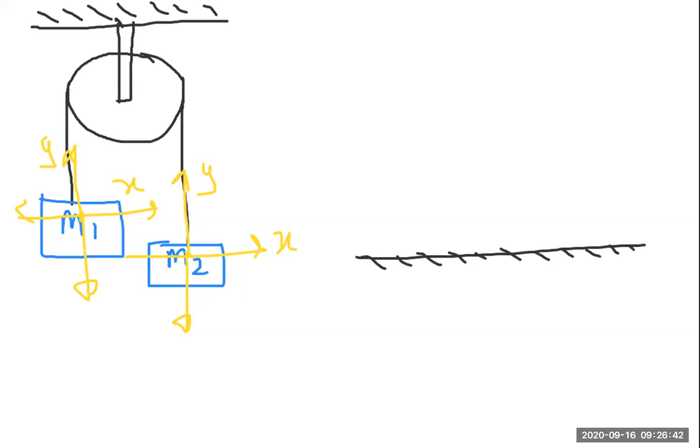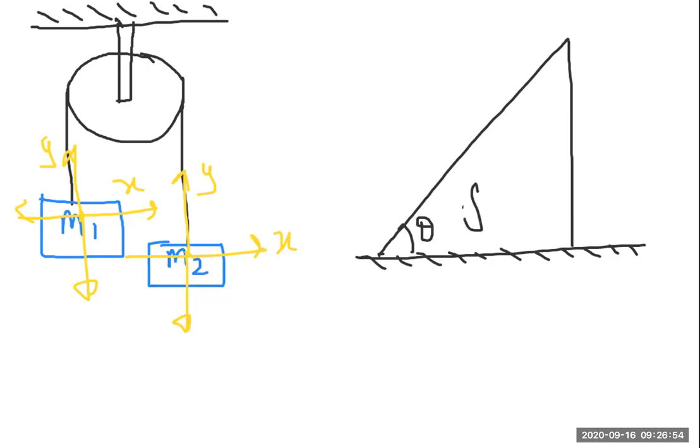So on a horizontal fixed surface, we have an inclined plane of angle theta. हाँ, अभी सब बता रहा हूँ भैया मैं.